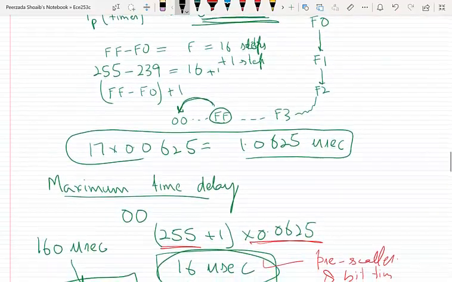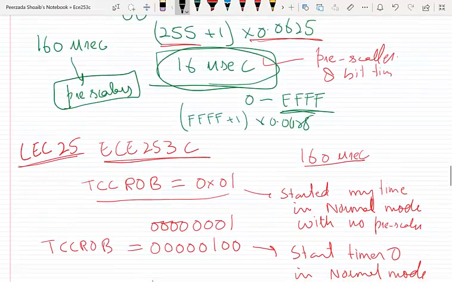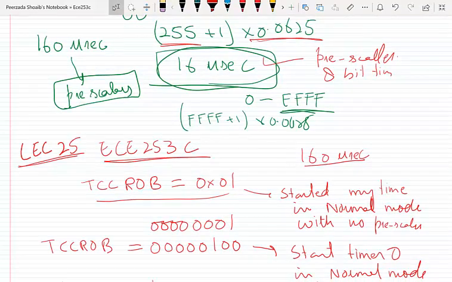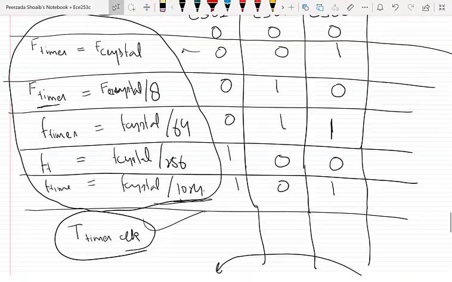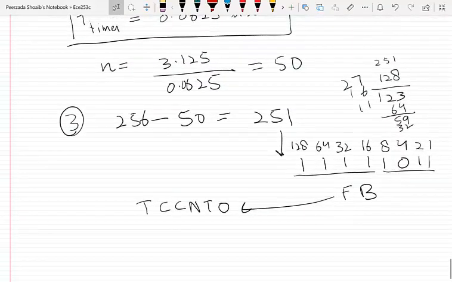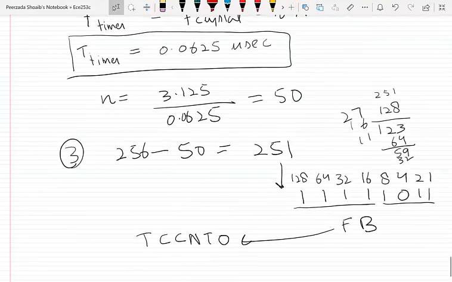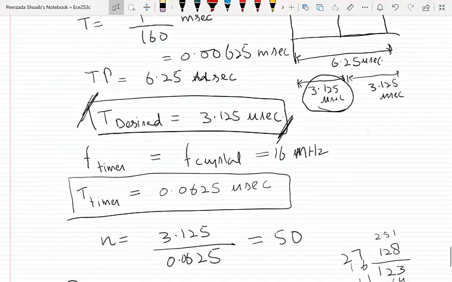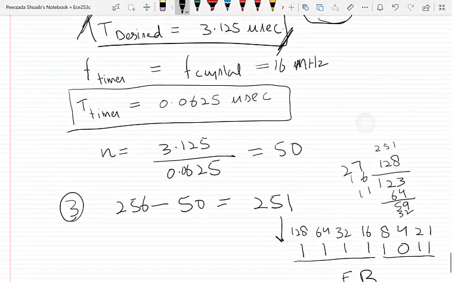The program will remain as such, or I think I made a mistake here. I needed a time delay not of 50 microseconds but of 3.125 microseconds. I got this number n as 50.